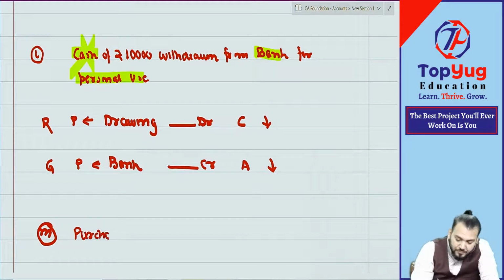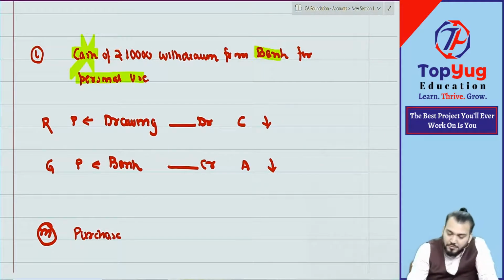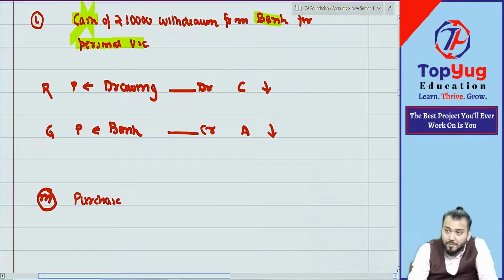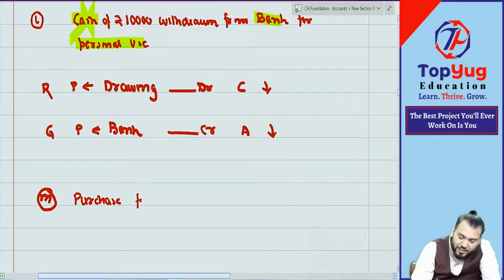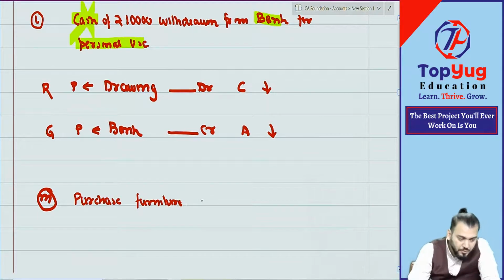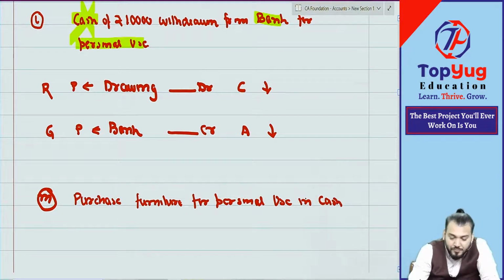Purchase. Now, so common sense, I will not say now. Okay? Purchase furniture for personal use in cash.